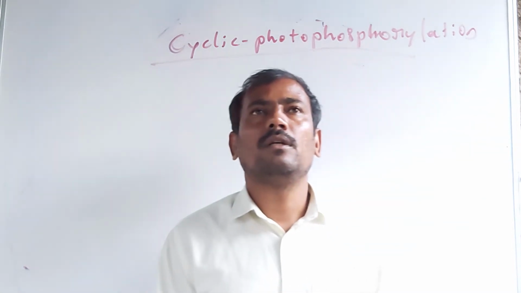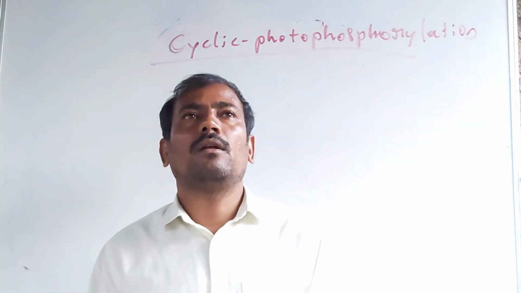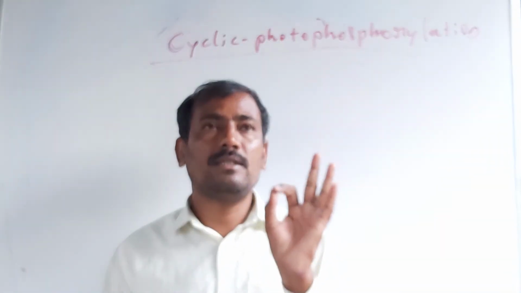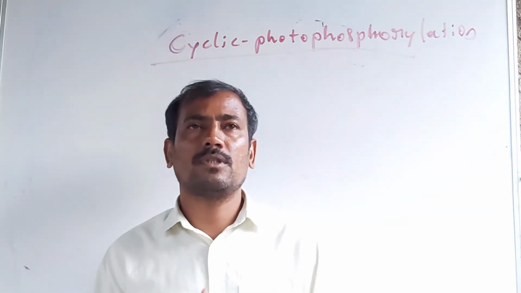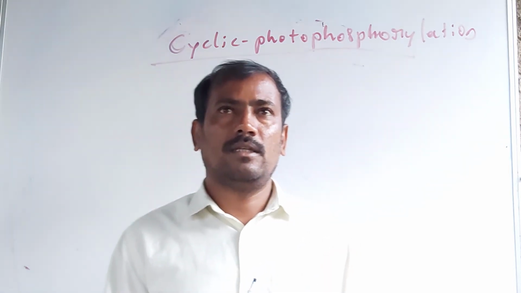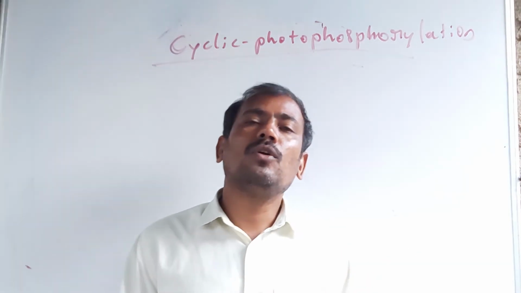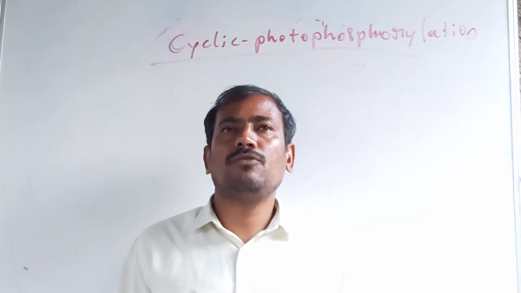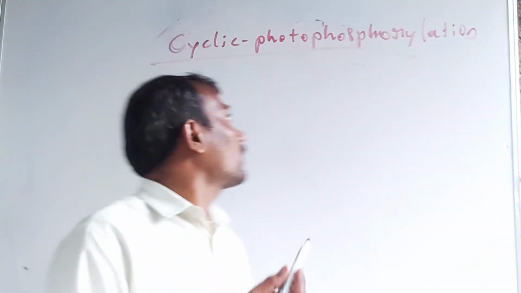In other words, it operates within the plant cell during photosynthesis when carbon dioxide assimilation stops, and whenever ATP molecules and NADPH2 molecules are needed on a large scale.